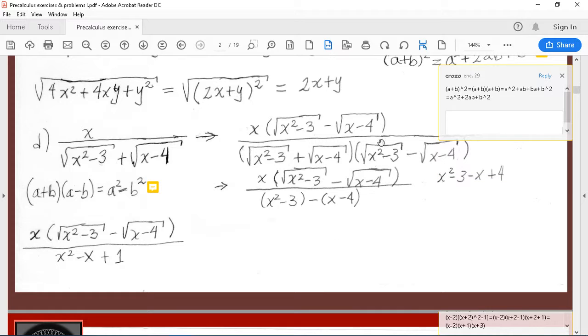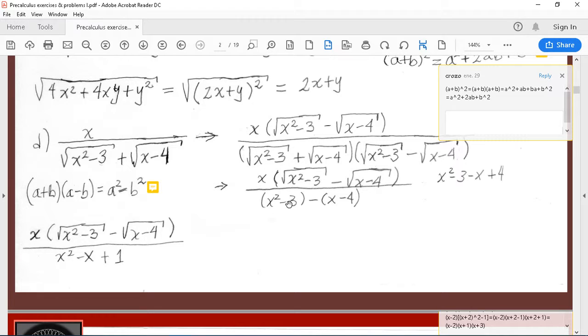So multiply x by the square root of x squared minus 3 minus the square root of x minus 4. Here multiply the square root of x squared minus 3 plus the square root of x minus 4 by the square root of x squared minus 3 minus the square root of x minus 4.